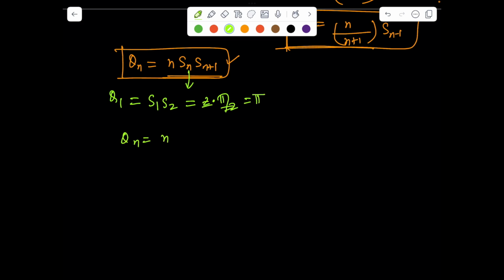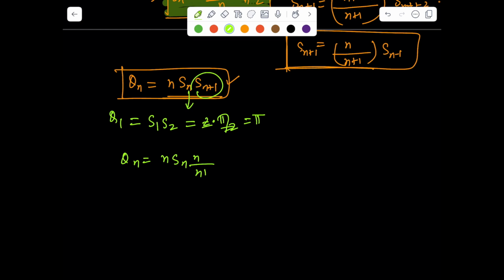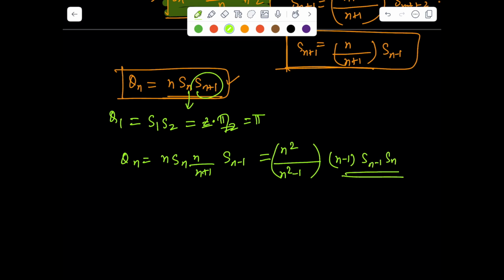Now I can find Qn as n times Sn+1, and Sn+1 can be written as n/(n+1) Sn-1. And that very nicely can be manipulated to n^2/(n^2-1) times (n-1) Sn-1 Sn.